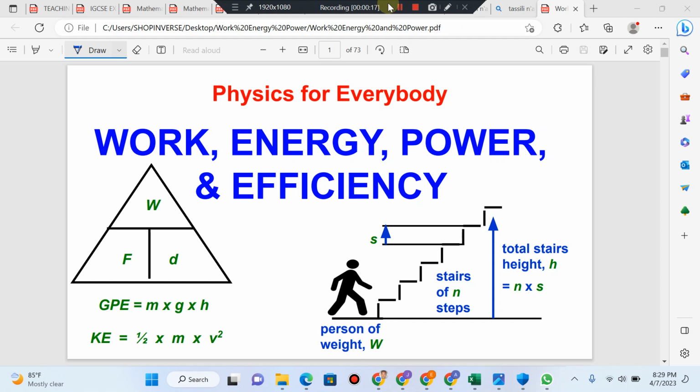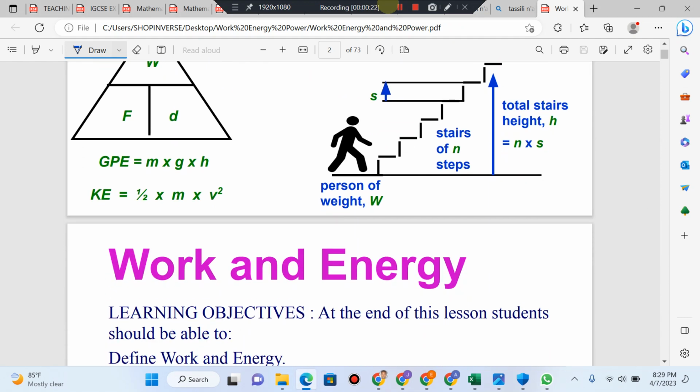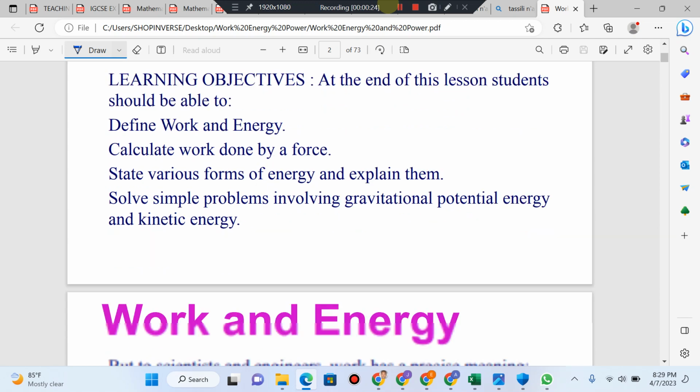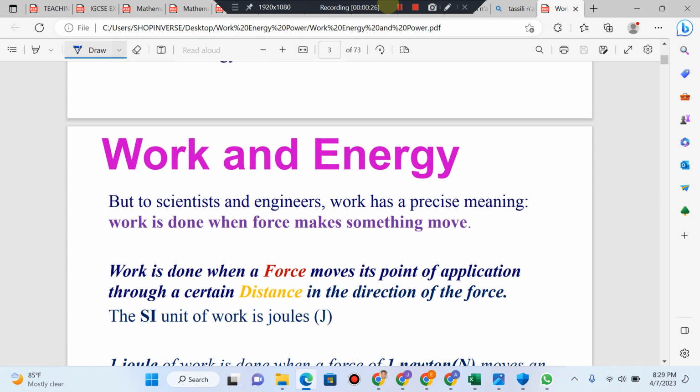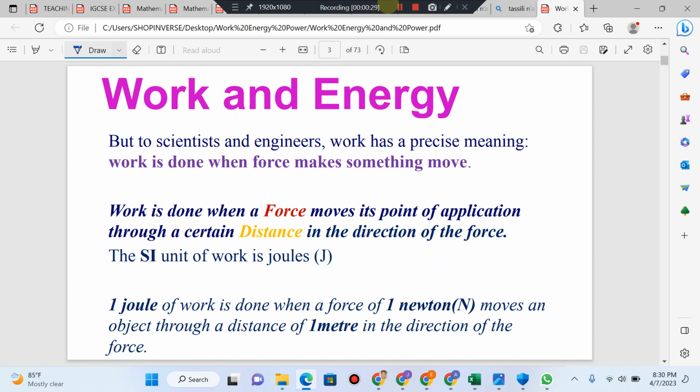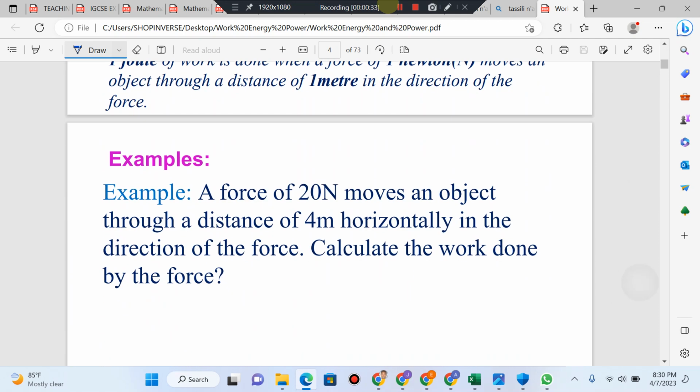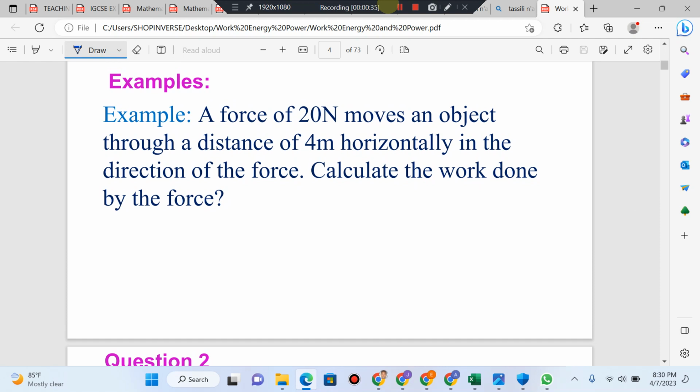Today, we'll continue our discussion on work, energy, power, and efficiency. You remember during the last video, if you have watched the previous video, we talked about work and energy. We talked about the formula used for calculating work, and we defined work as the product of force and distance.